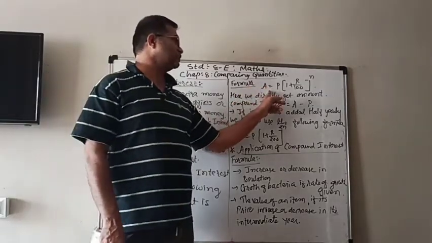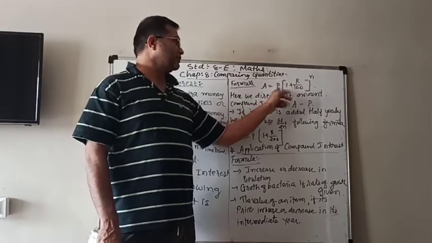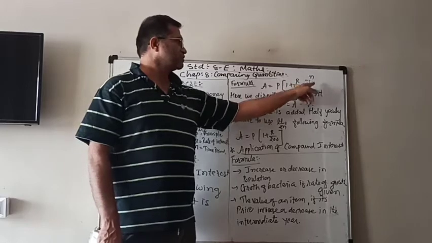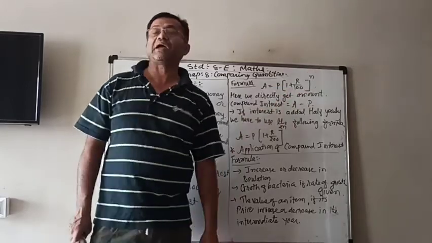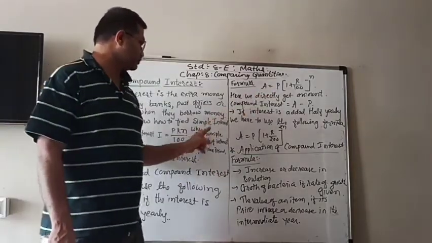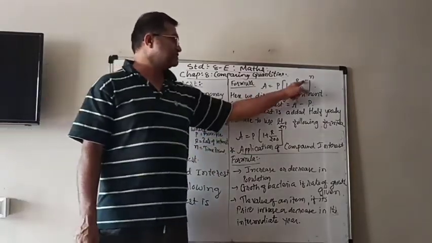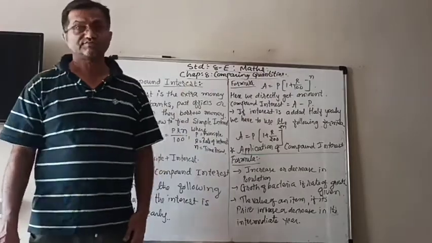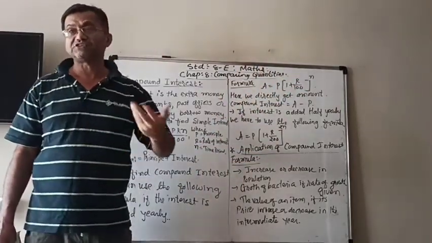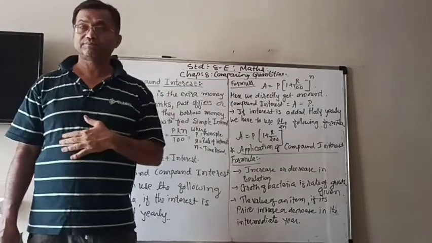If it is counted yearly, then we have to use this formula: A is equal to P into bracket 1 plus R upon 100, the whole bracket raised to the power n. Here as usual, P is the principal, R is the rate of interest, and n is the time period for which you put the money.